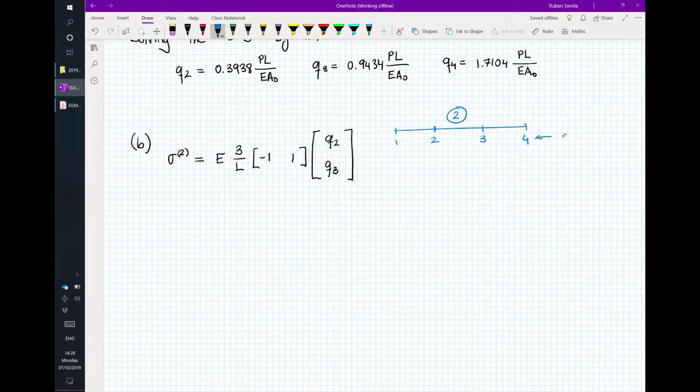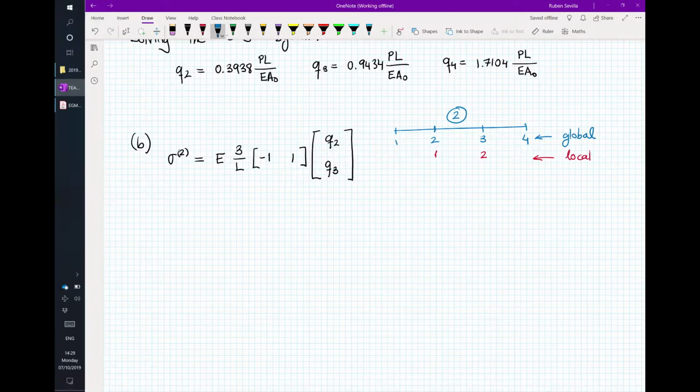This, in blue, remember, are the global numbers. But if you are working in element 2, you would call these 1 and 2 locally. Locally means first node, second node of an element. An element only has 2 nodes, so we need to call one the first, another one the second.